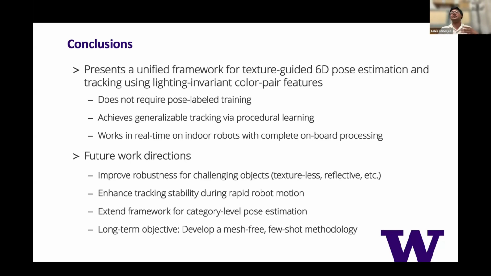One of the ideas that we are working on actively right now is to bring this topology-inspired work that we have shown works well for object detection and recognition, and combine that with this color pair based pose tracking work.